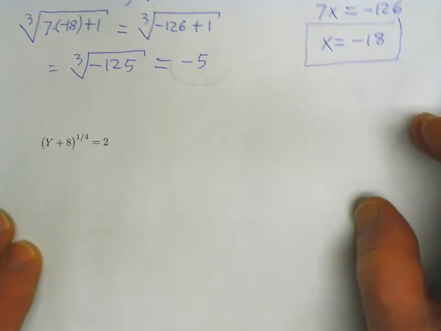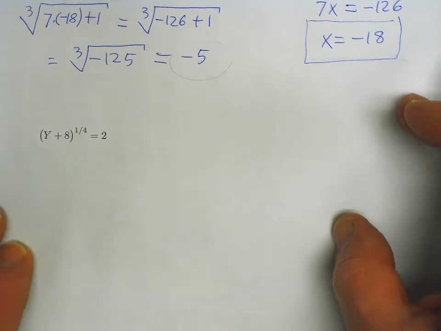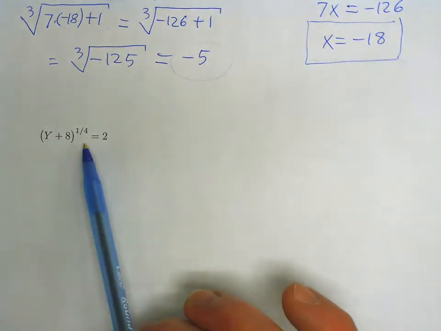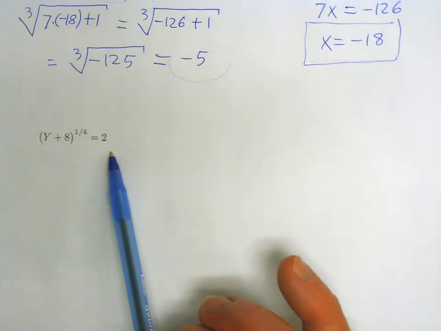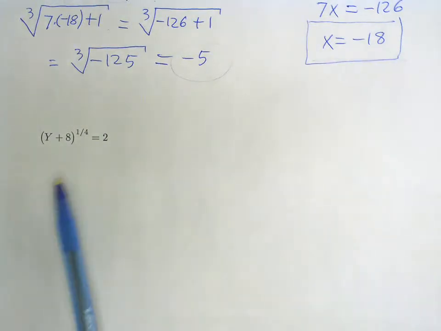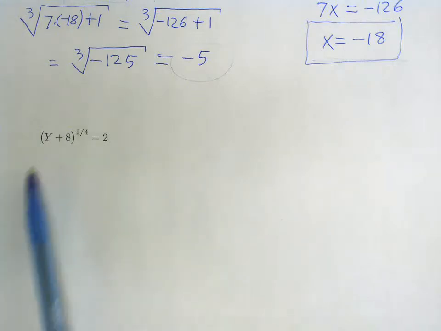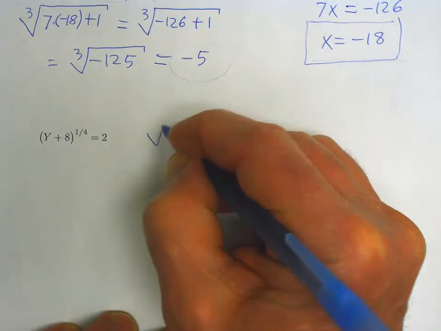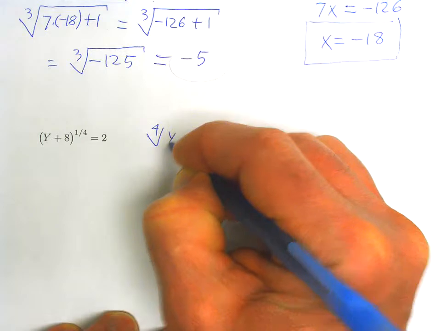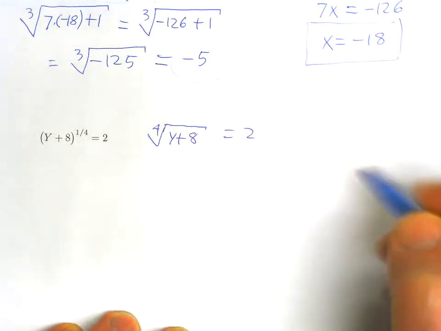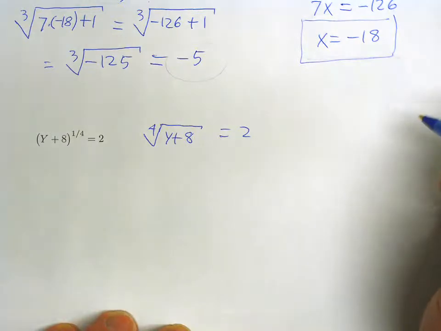Okay, the final example in this section, 8.6: we have y plus 8 raised to the 1/4 power equals 2. If you want, you could rewrite this in radical form. It's just the fourth root of y plus 8 equals 2. Then you can raise both sides to the 4th power.